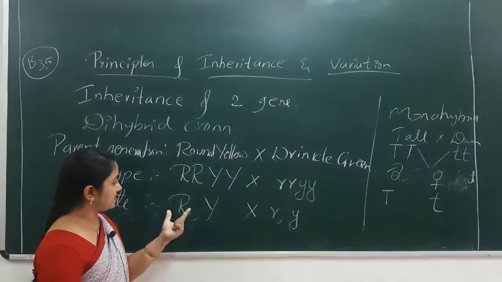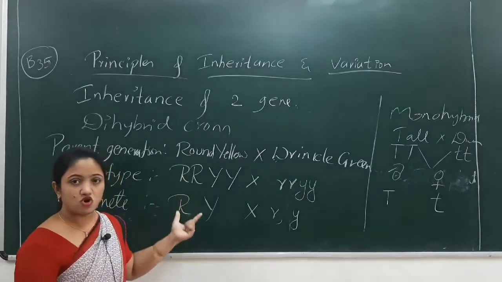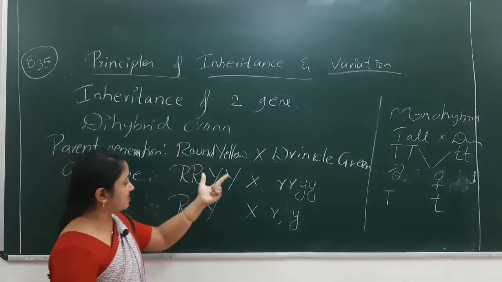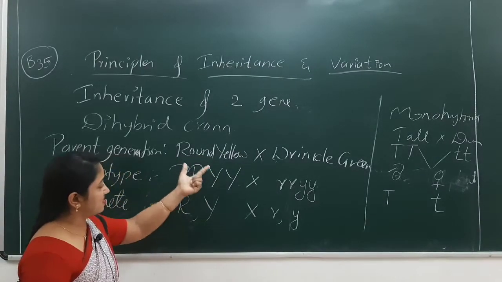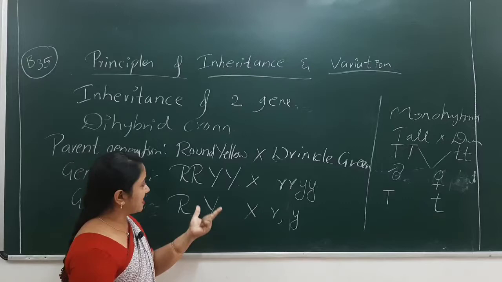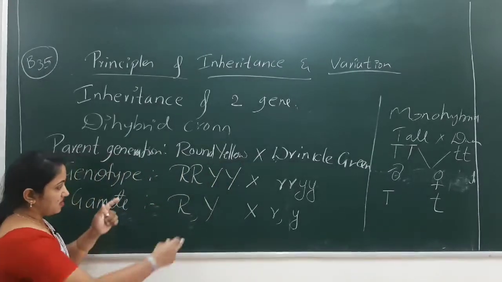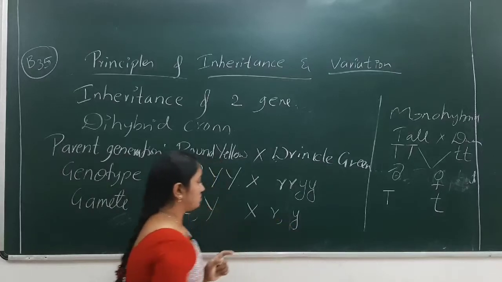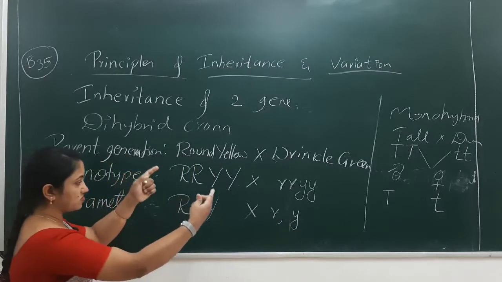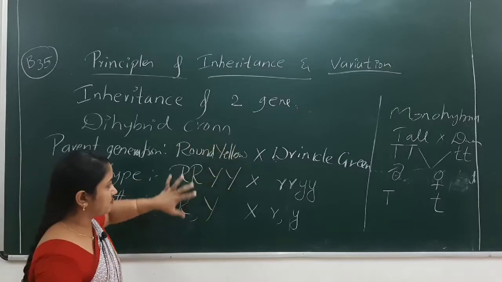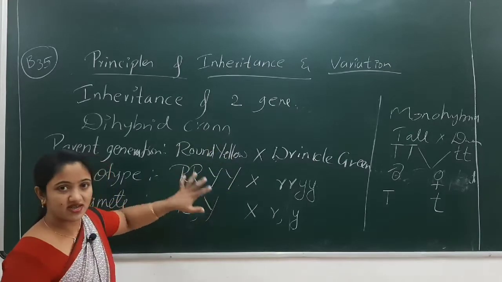One gamete is carrying the dominant gene of this character, and one is carrying the dominant gene of one more character. Likewise, this also. We are going to cross these gametes. Consider this is one plant having the dominant gametes.